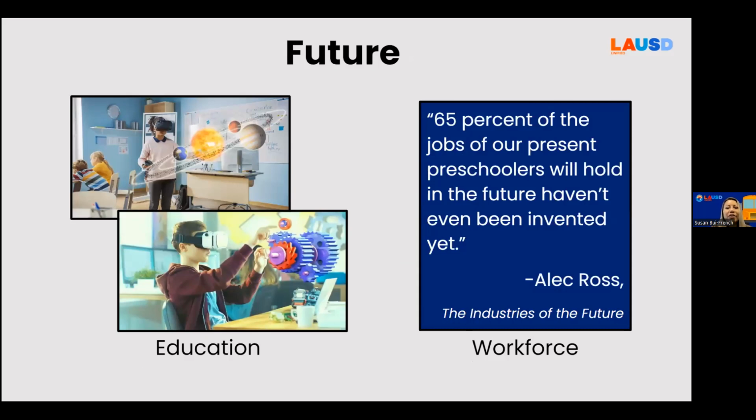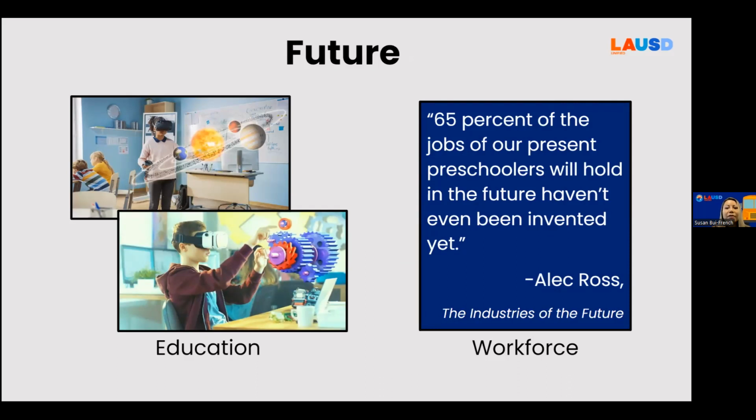Just as we know that education has evolved, it will continue to do so. These 2 pictures are representative of what society thinks education will look like. And just like how we don't know to what extent education will change, we do know that it will mirror the workforce based on past experiences.